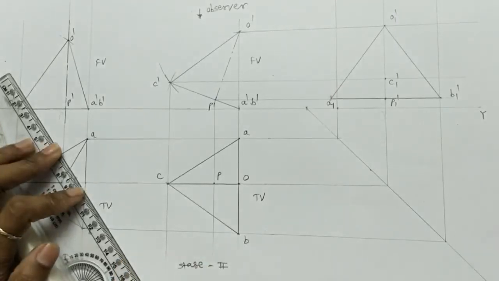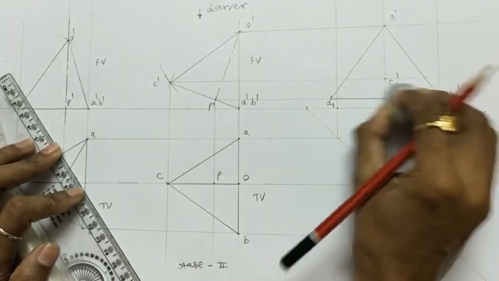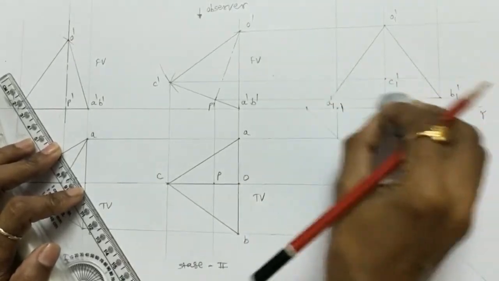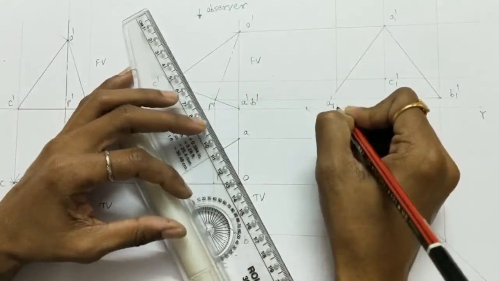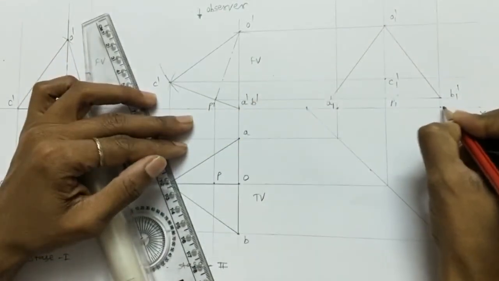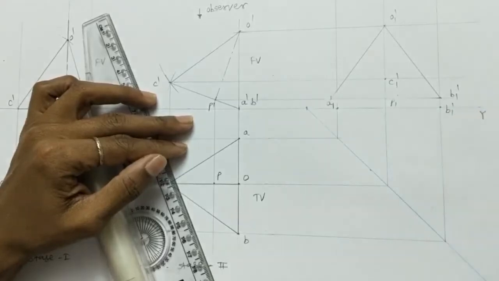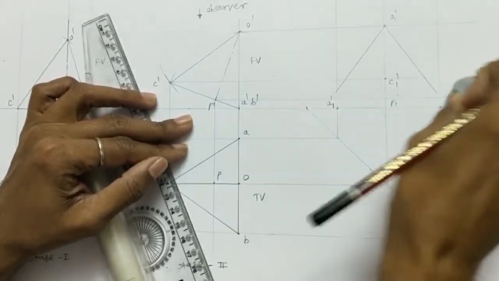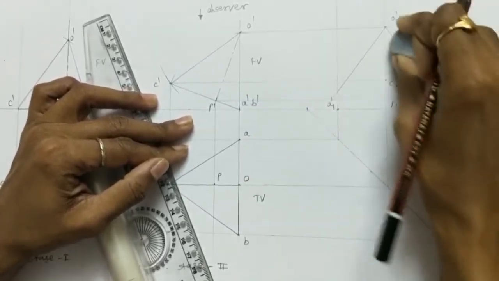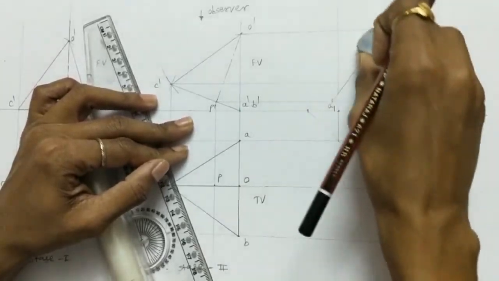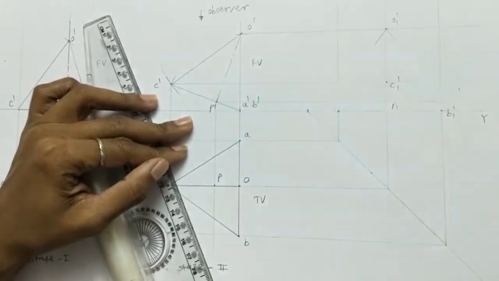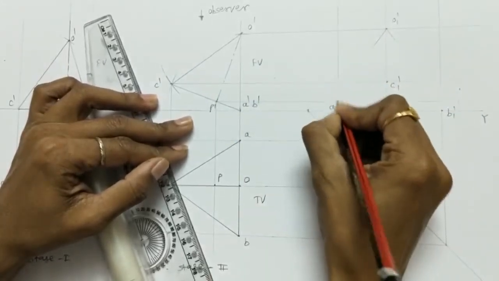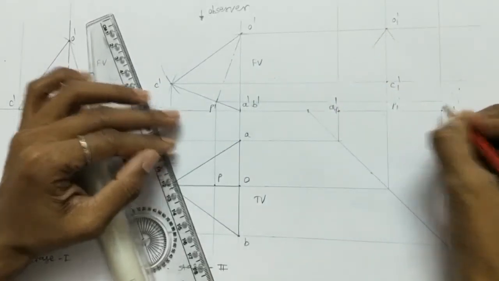So there is a mistake. The A dash point is here and the B1 dash point is here. So this is point A1 dash and this is point B1 dash.